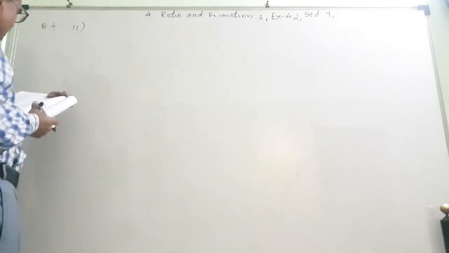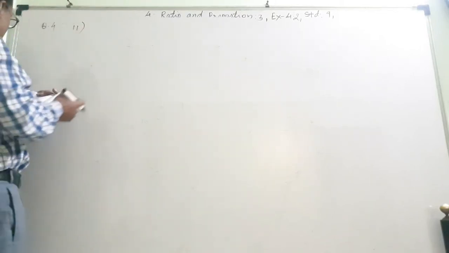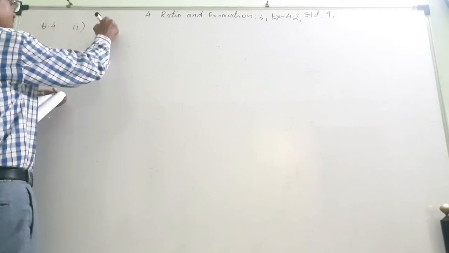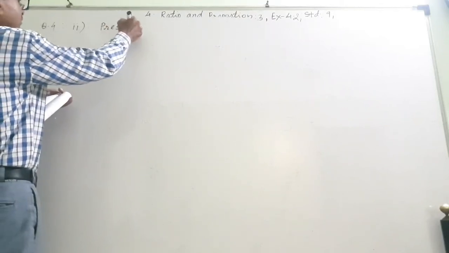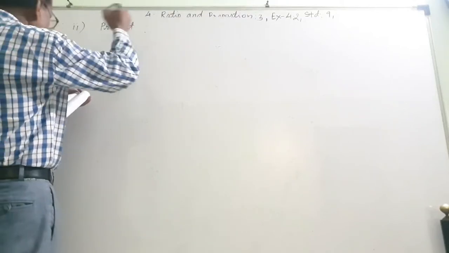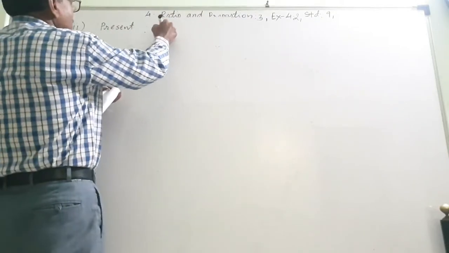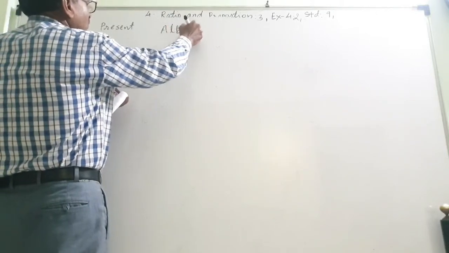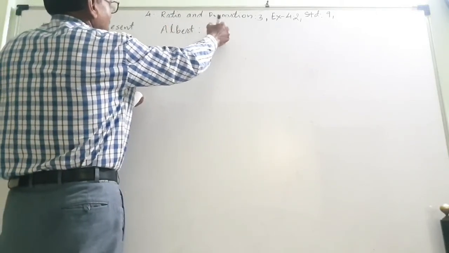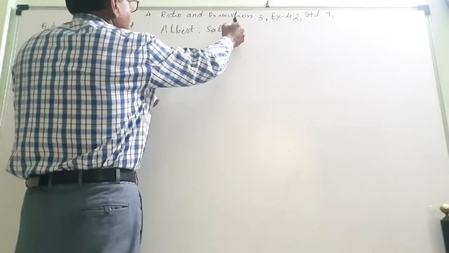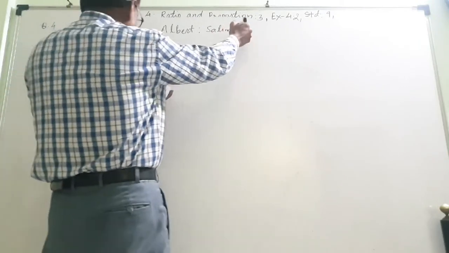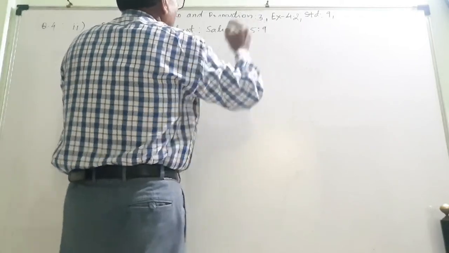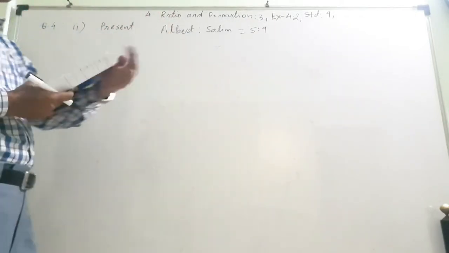The ratio of present ages of Albert and Salim. At present, Albert is to Salim, I am writing in shortcut, is equal to 5:9. Present ratio is 5:9.